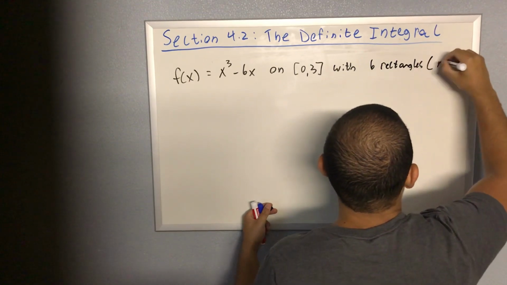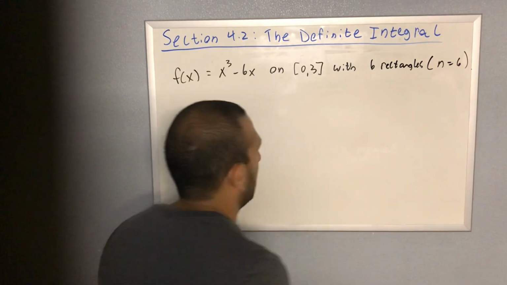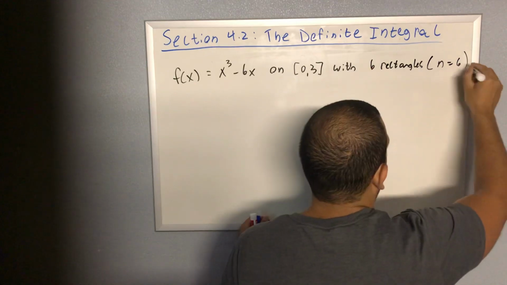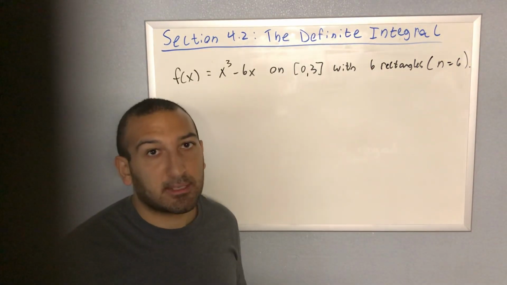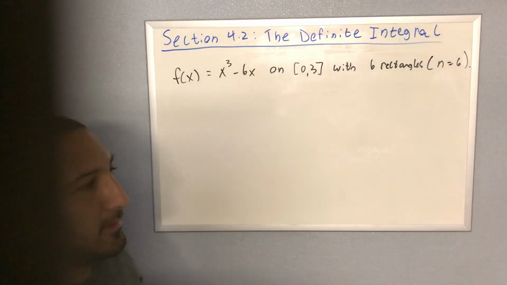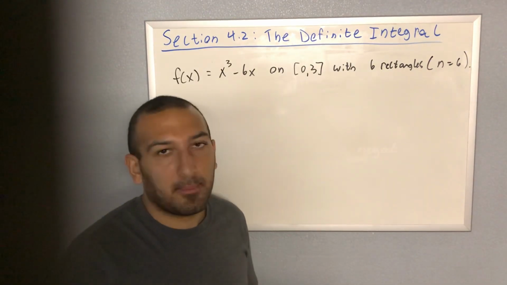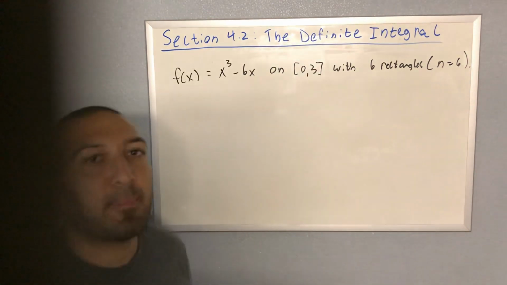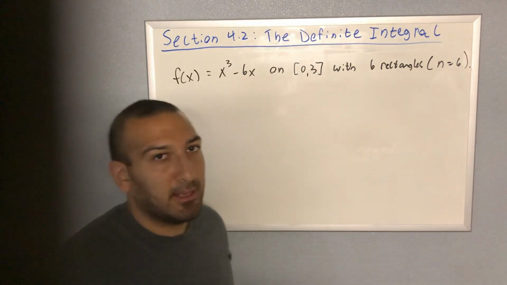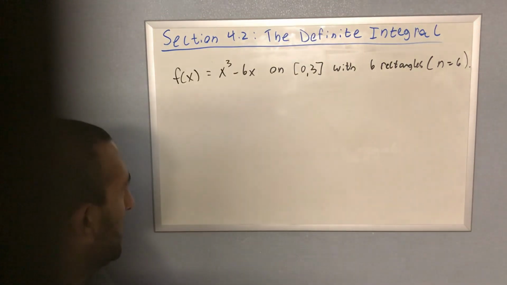So that means n equals 6. Okay, and we can't find the exact value of the integral. Remember, because that's going to require a little bit more. That's in the future. Right now, we're just going to approximate it and be happy with that.